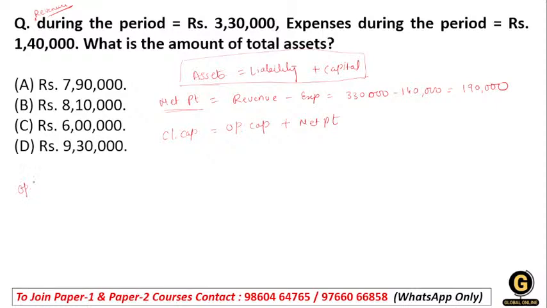So for calculating opening capital, what you have to do is add revenue plus expenses: 3,30,000 plus 1,40,000.